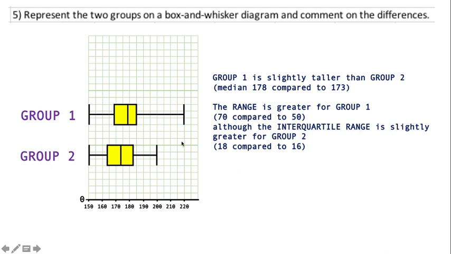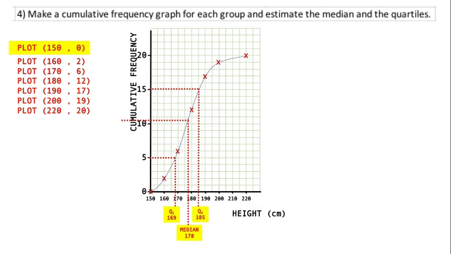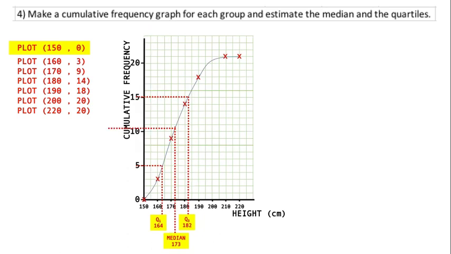And the interquartile range is the upper quartile minus the lower quartile. So for group 1, that's 185 minus 169, which is 17. And for group 2, the interquartile range is 182 minus 164, which is 18.